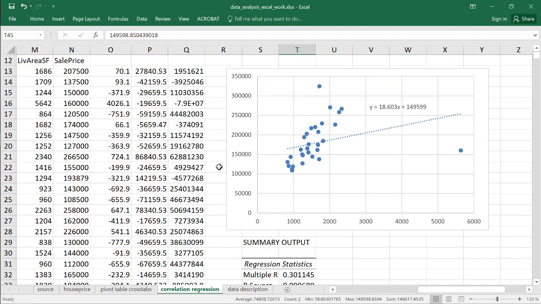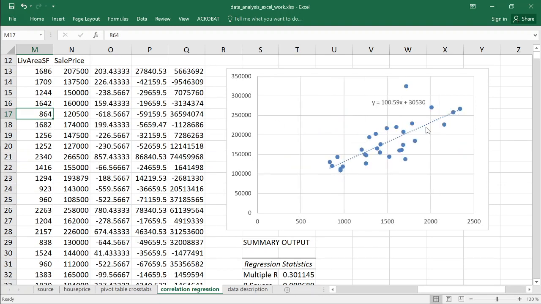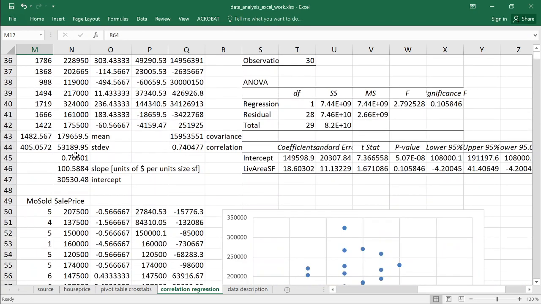Now, in order to show you the impact of changes in the data, let's see what happens if we consider this number here as a typo, and I'll have an explanation for it in another video. It's not a typo. We see that the scatter of points changes and the slope changes, and accordingly these two numbers change.